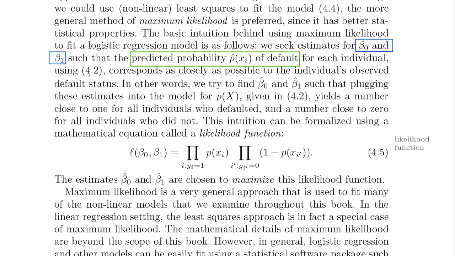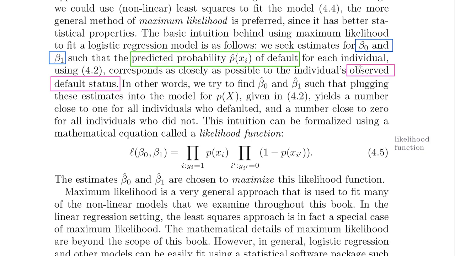for each individual using 4.2, corresponds as closely as possible to the individual's observed default status. So it's again this common theme of actual versus expected.